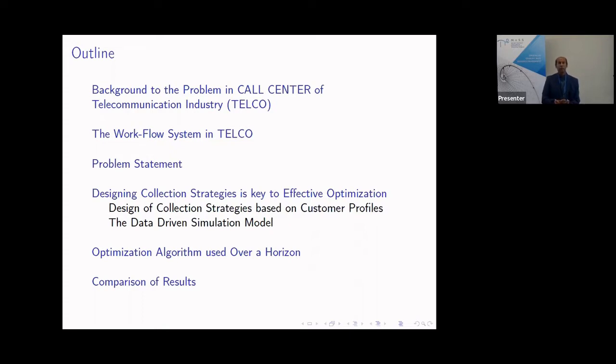And optimization was involved as well. So there is data collection as well as a data-driven simulation model and optimization. These are the concepts, and this is the work that we did to show some good results. So this is the nutshell in the outline.